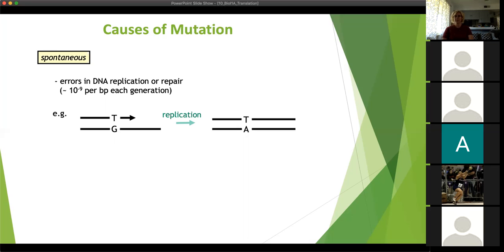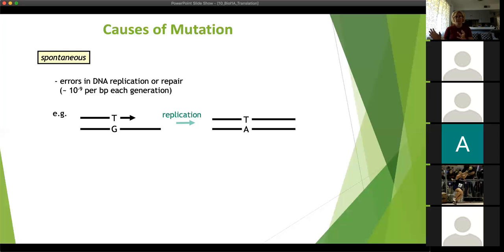So after generation 1, we have 3 point mutations. Generation 2, we have 3 more. Now we have 6. Generation 3, 3 more. Now we have 9.